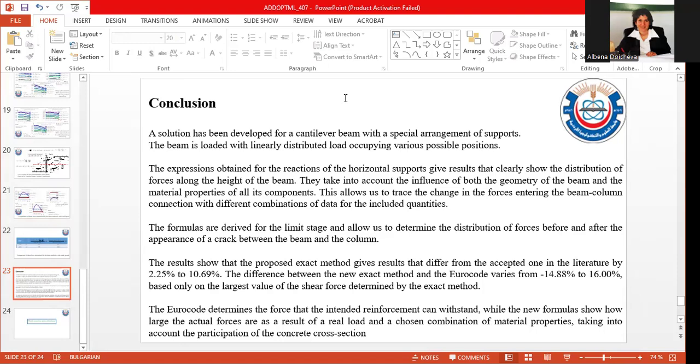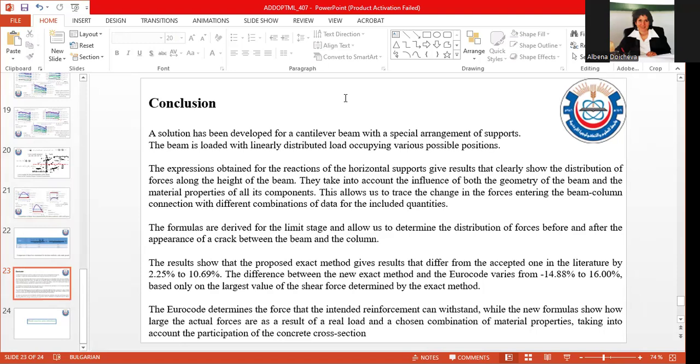They take into account the influence of both the geometry of the beam and the material properties of all its components.